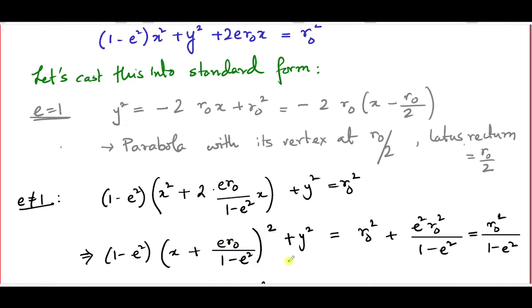Of course, this stays as y square. But on the right hand side, you will have to add to the r0 square that's already there, the square of e r0 by 1 minus e square times an overall 1 minus e square. So what gets added to the right hand side is e square r0 square over 1 minus e square, which easily simplifies to simply r0 square by 1 minus e square.